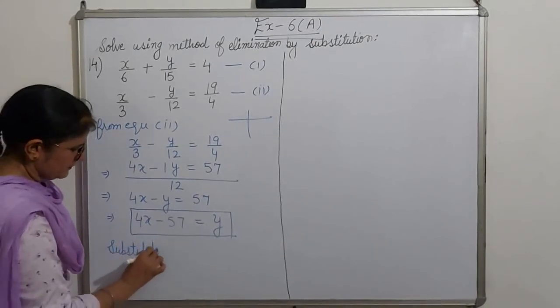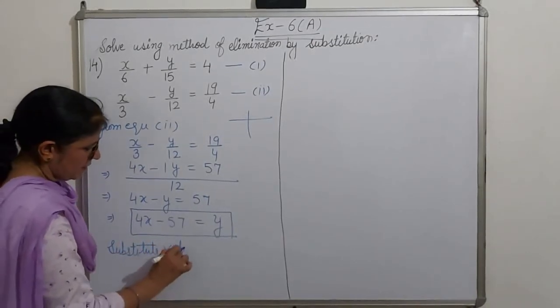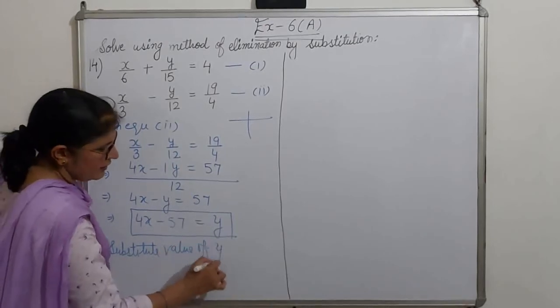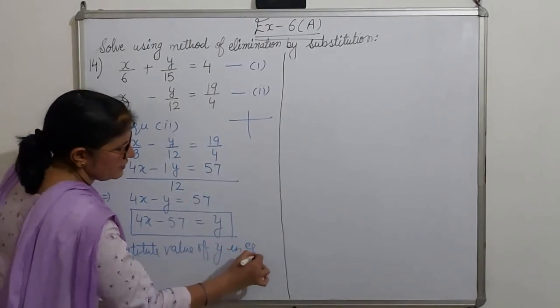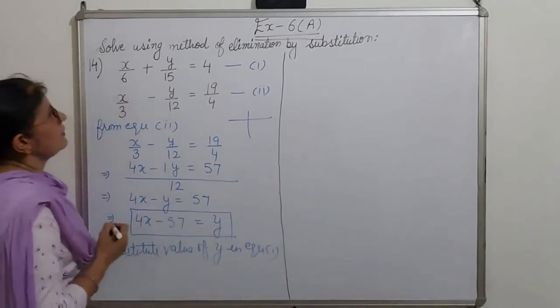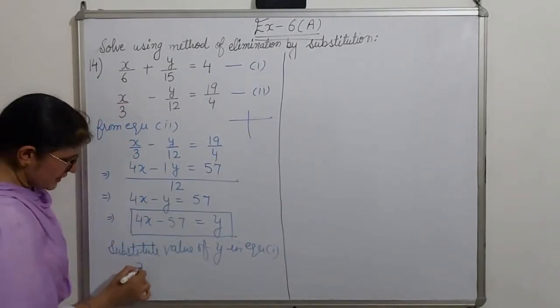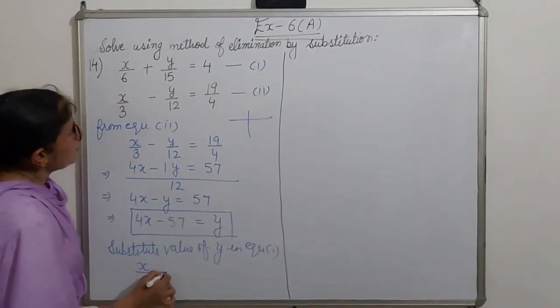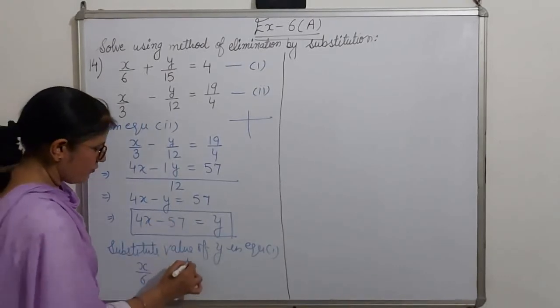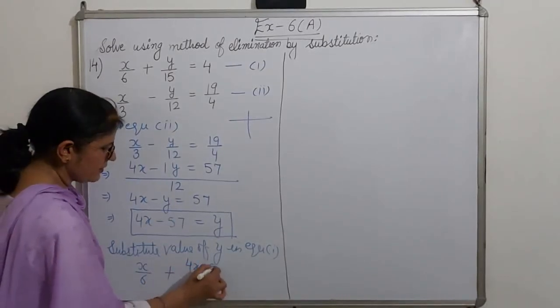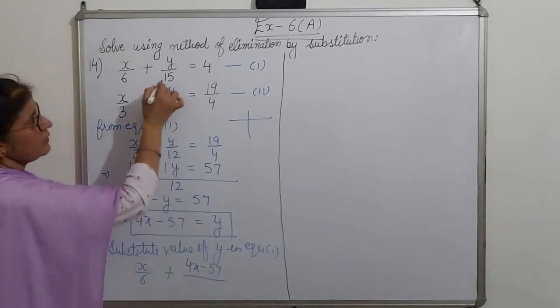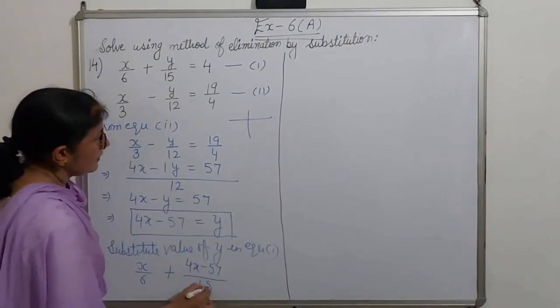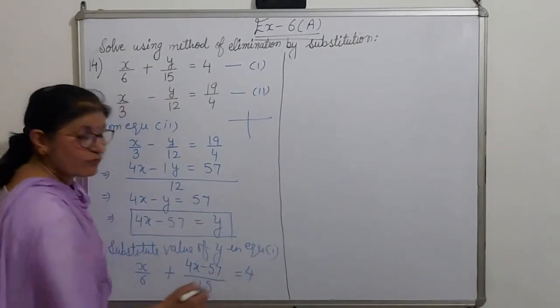Substitute the value of y in equation 1. So x over 6 plus, what is y, (4x minus 57) upon 15 is equal to 4.